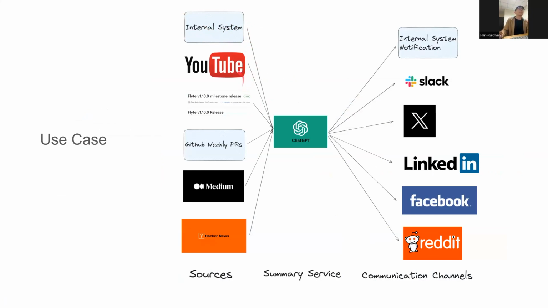I think it will be really powerful, like YouTube, GitHub daily releases, GitHub weekly pull requests, Medium, Hacker News, and sending to any communication channels you want. So I think it's really powerful. And next one.